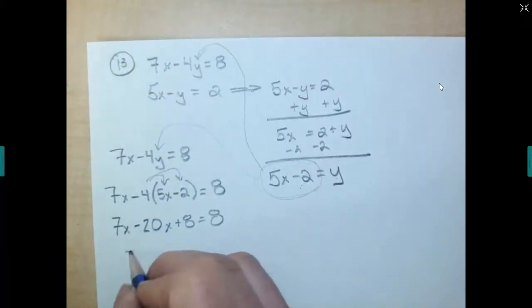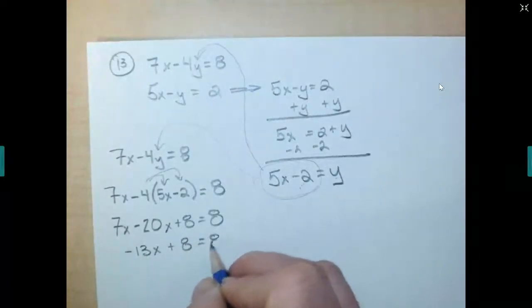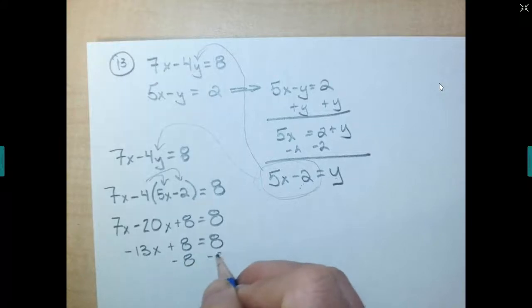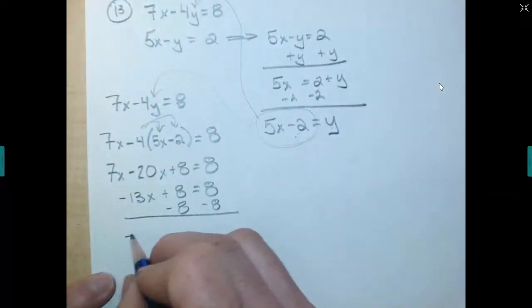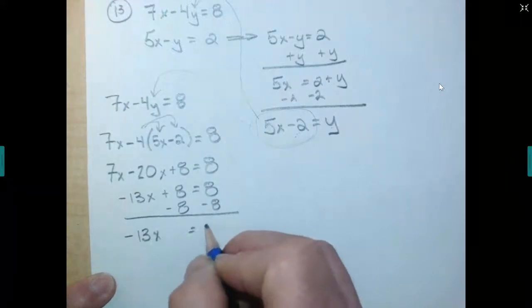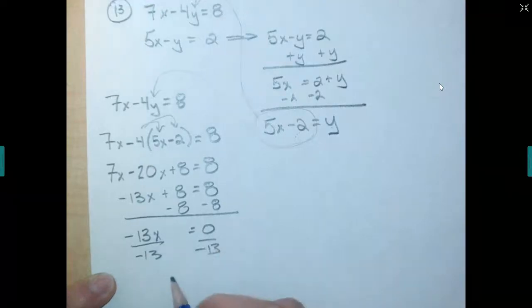So that gives me a negative 13x plus 8 equals 8, minus 8 on both sides. So I get negative 13x equals 0. Divide by negative 13, x equals 0.